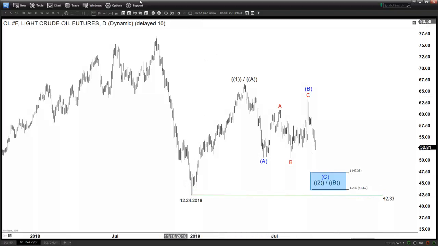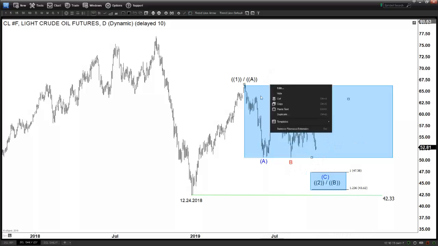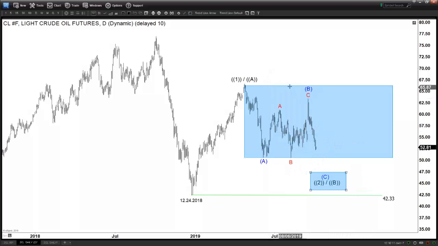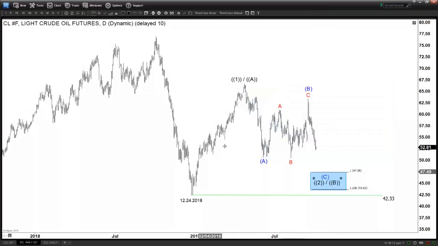That is really the key question here with regards to oil. After all, the bulls and the bears are fighting very hard, right? They don't want to lose against one another here. Now how much lower can the bears push it in oil? Again, it remains to be seen if this rally is impulsive, which it looks like.